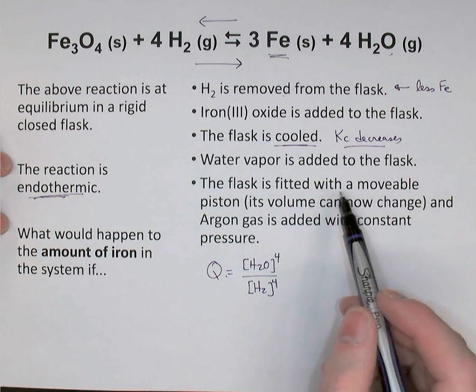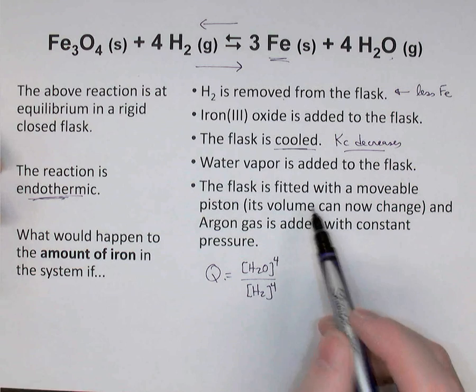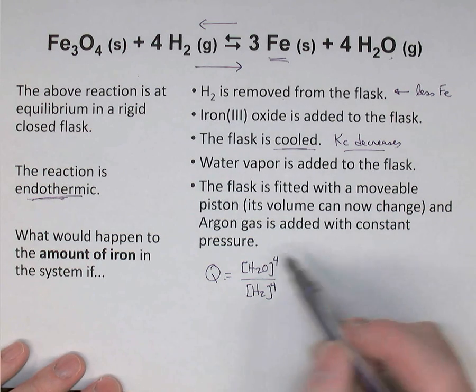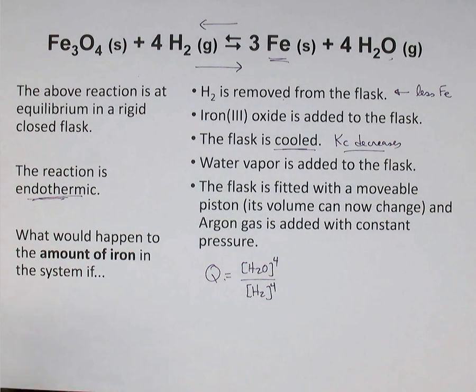If we fit the flask with a movable piston, so now its volume can change as we saw earlier, and we add some argon gas, what's going to happen? Well, we have constant pressure in this situation. The only way to have constant pressure would be for the piston to move upwards. If you add an extra gas, the volume is going to have to increase. If the volume increases, all of the concentrations will decrease.